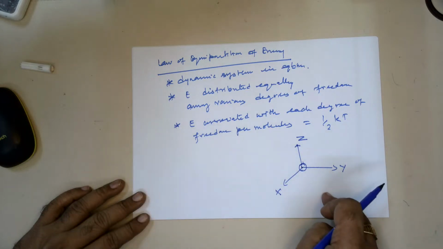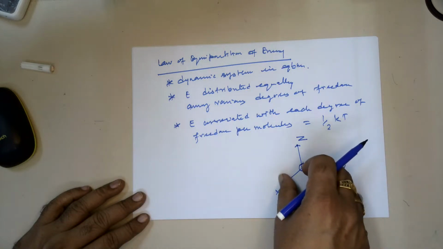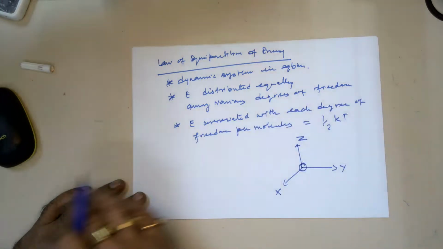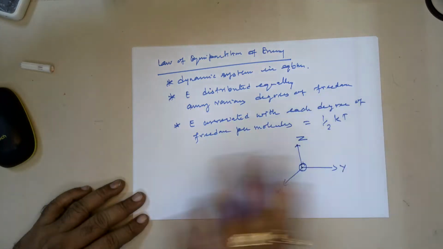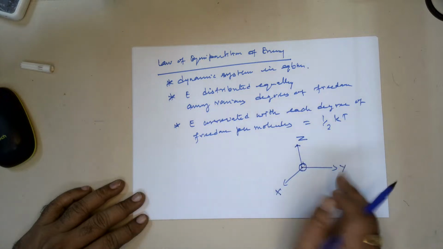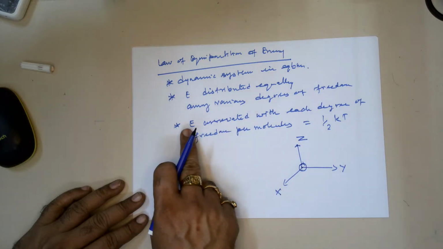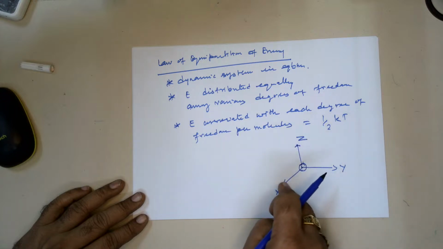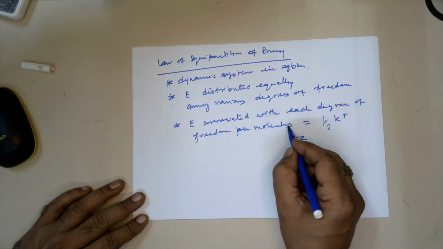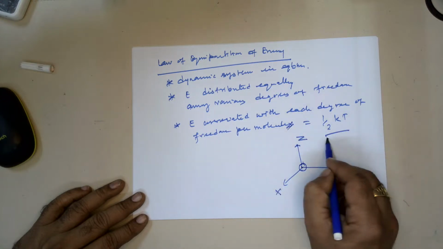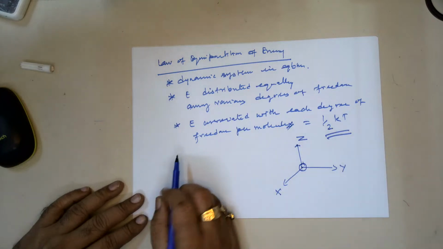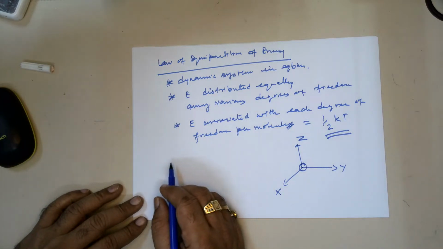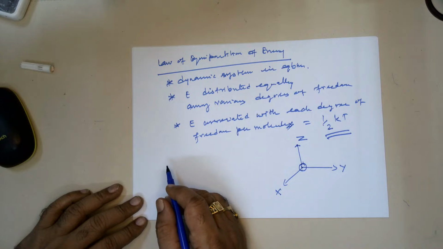So that is why we say the degree of freedom for a monoatomic gaseous molecule is 3. So the energy associated with each degree of freedom per molecule is given as 1 by 2 into kT, where k is the Boltzmann constant and T is the temperature in Kelvin.